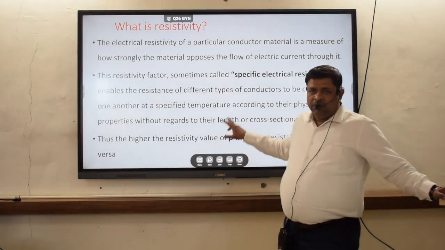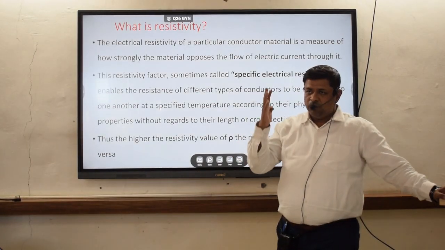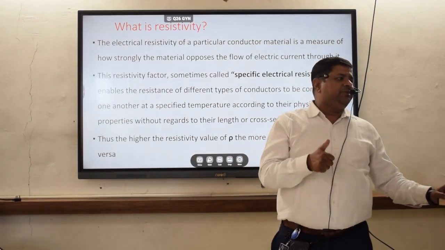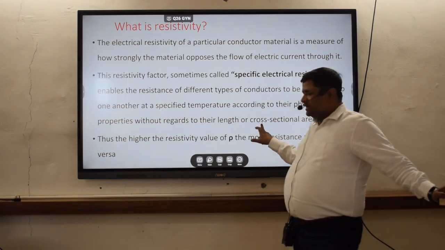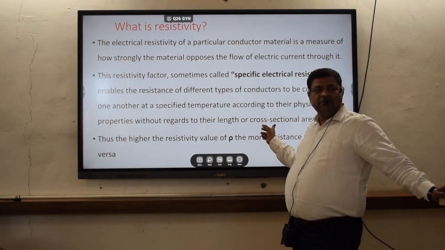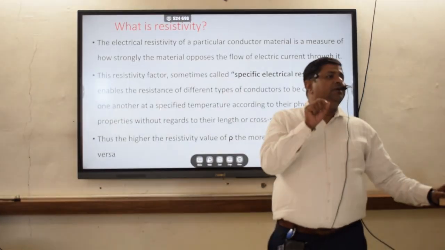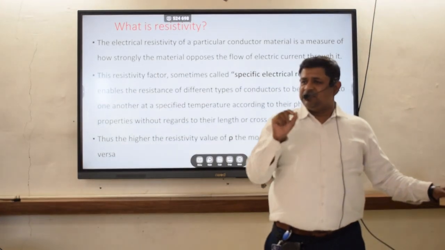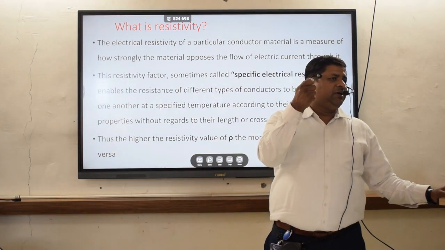Now here, if the temperature is coming into the picture, that is, at what temperature we are using the material, then in that case it becomes unaffected by the length and the area, because the basic reason behind that might be the electronic or atomic vibrations happening at that temperature.